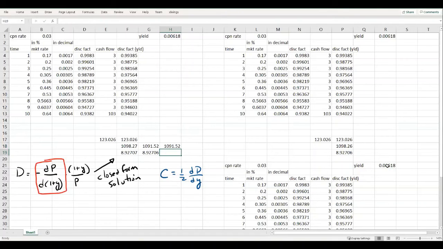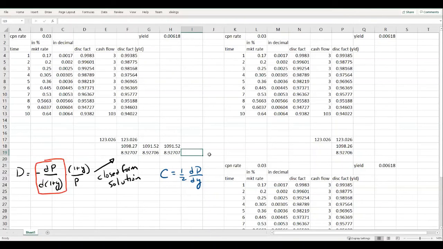And then the second step is that I take this calculated result divided by the price of the bond, which is the market price, and then times 1 plus the yield, the original yield. Now I have a new duration result, which is slightly higher than the old duration result, but they are very close.